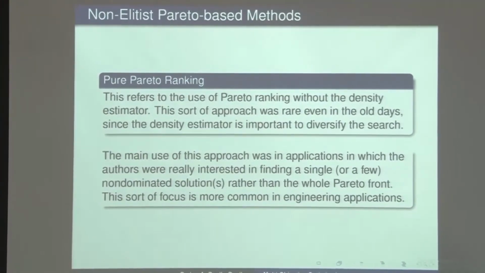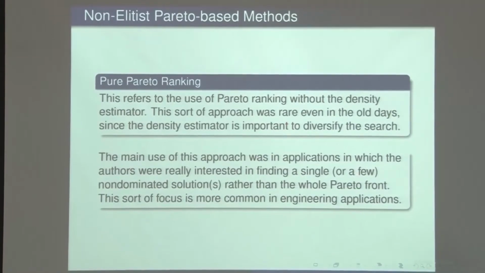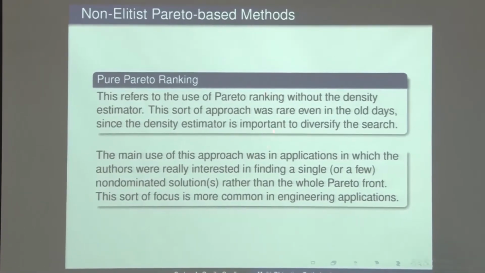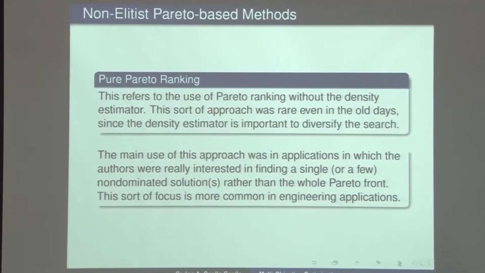So what I call pure Pareto ranking were algorithms developed in the old days in which they didn't use the density estimator. They only used non-dominant sorting because they thought it was not necessary to have the density estimator. So there were a few applications in the old days, particularly in engineering, in which they were not interested in producing many solutions along the Pareto front, just a few.